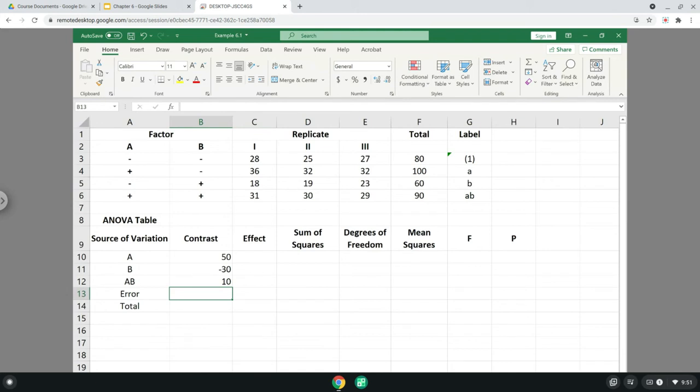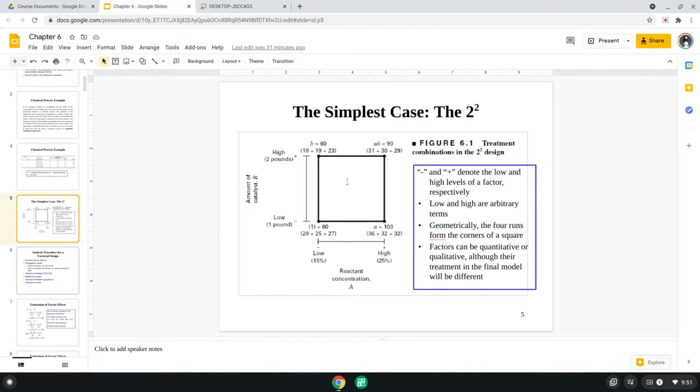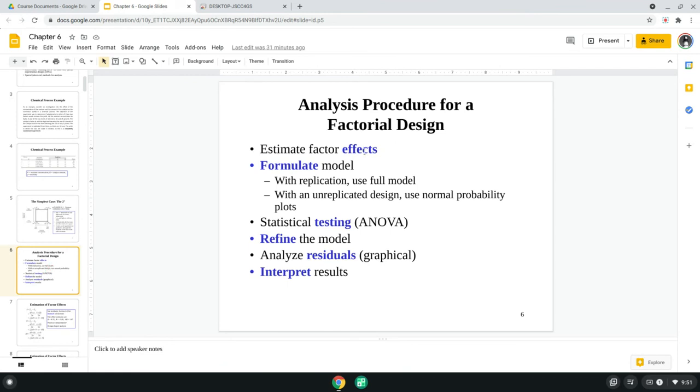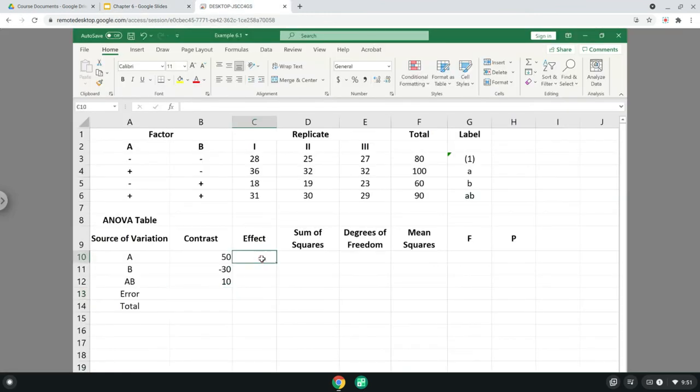Now we need to divide these values by 2n to do the initial estimation of factor effects. So let's do that. Let's divide this value by 2n.